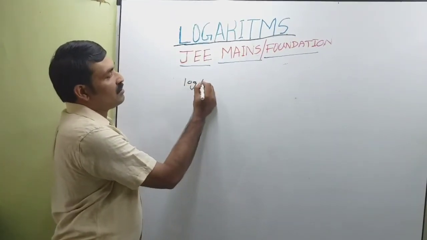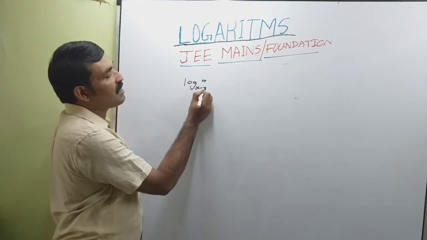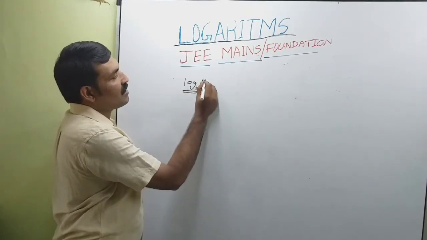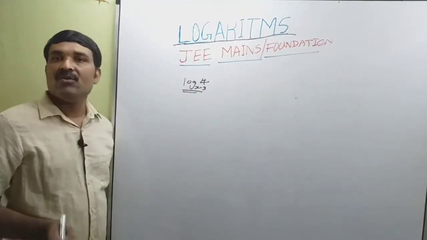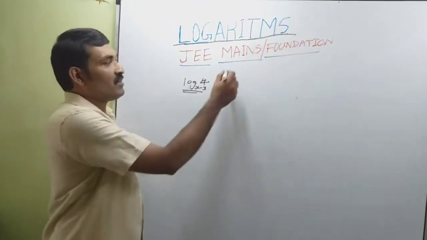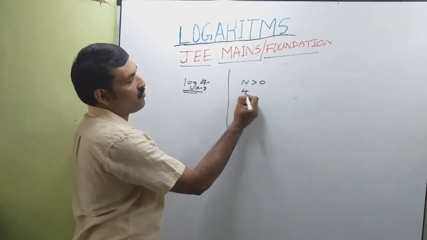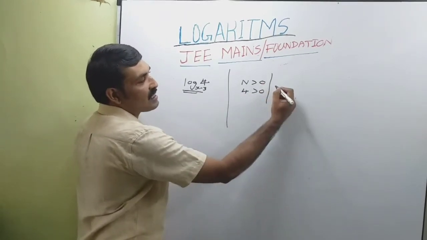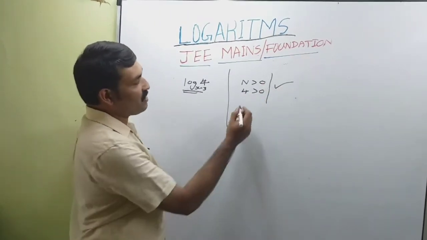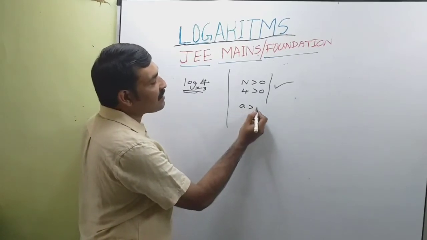Log 4 to the base x minus 3. Find the value of x for which the function is defined. Our first condition is n is greater than 0. Here n is 4. 4 greater than 0. So first condition is satisfied. Second condition, a greater than 0.